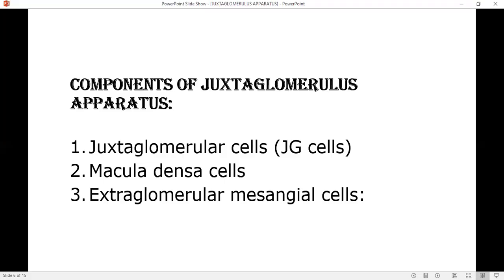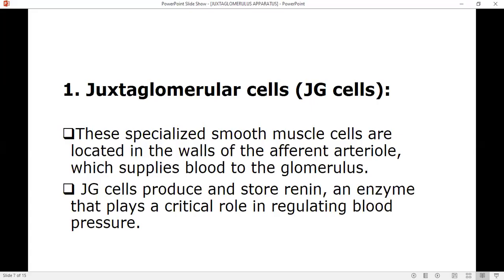You just start explaining. The juxtaglomerular apparatus is a part of the nephron. It consists of three components: the juxtaglomerular cells, the macula densa cells, and the extraglomerular mesangial cells. Now, let us describe cell per cell. What are these? What do they do? So what are juxtaglomerular cells?